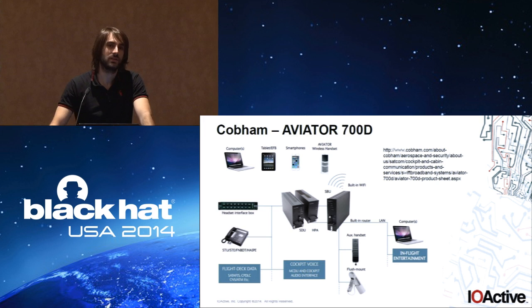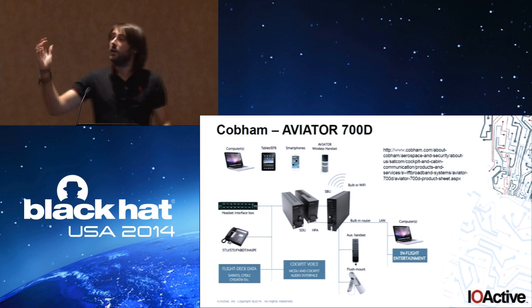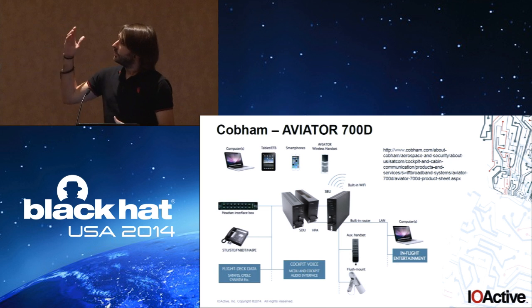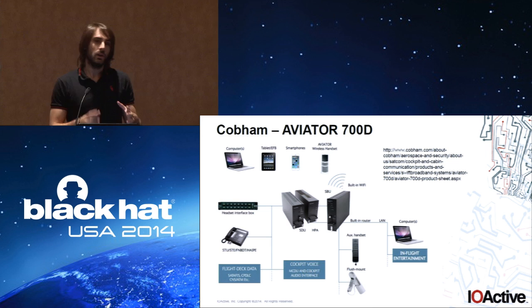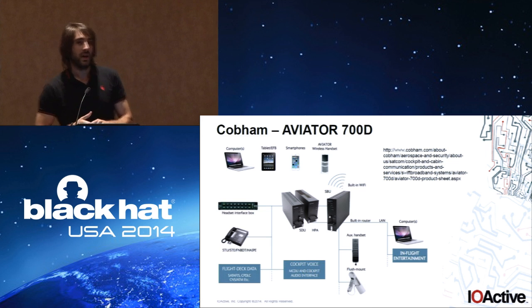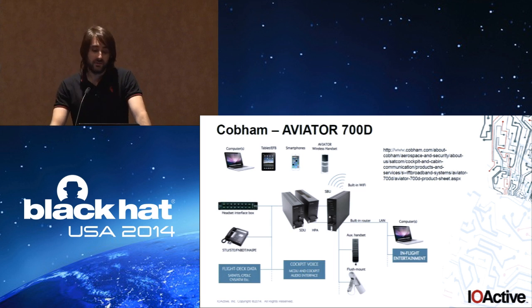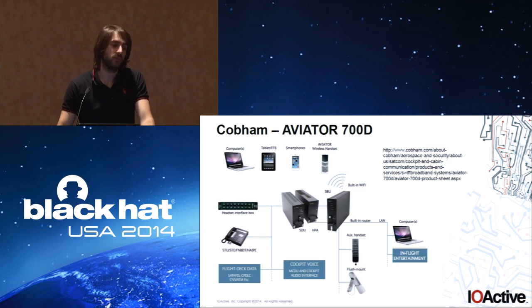The SBU, which stands for SwiftBroadband Unit, and the SDU, which can be considered the core of a SATCOM equipment on board an aircraft. It's the Satellite Data Unit. This picture comes from the official documentation of the vendor. As you can see, the SBU contains a built-in wireless access point, and also a built-in router. So from the in-flight entertainment network, you can reach the SBU. From the Wi-Fi, you can reach the SBU.